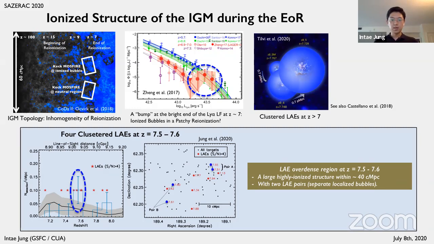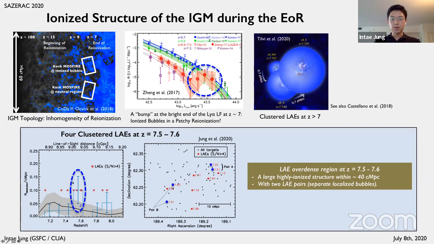Relating to such large variation, the IGM topology matters here. Again, reionization is an inhomogeneous process. So in the same context, we study the spatial clustering of Lyman alpha emitters, shown at the bottom. The left panel presents the number of detected Lyman alpha emitters along the line of sight direction, and the spatial distribution is on the right. The notable feature is the peak near redshift around 7.5 to 7.6, where we detect more Lyman alpha emitters than expected.